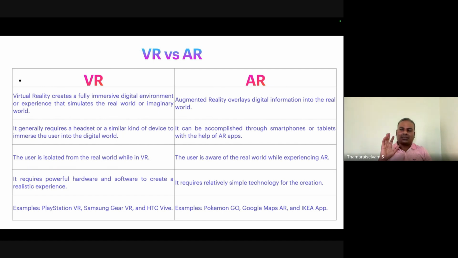Of course, Google Maps uses artificial intelligence, deep learning and machine learning, a fusion of augmented reality, virtual reality, artificial intelligence, machine learning and deep learning. All these are trending technologies of the current era.